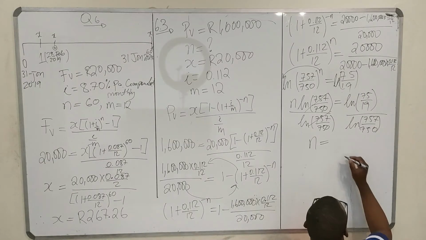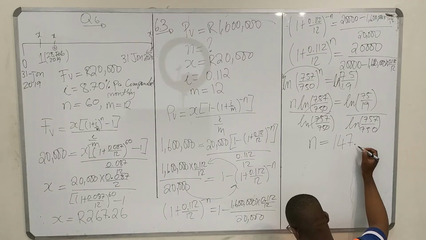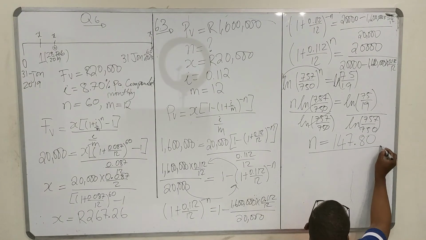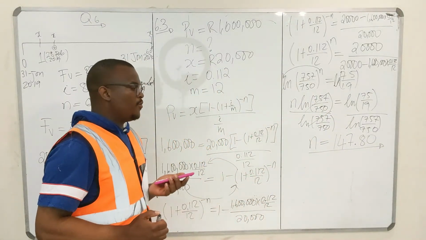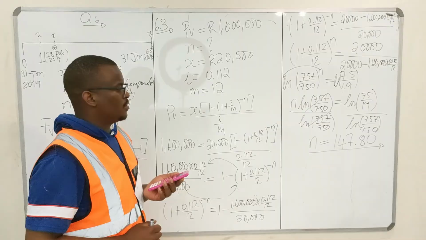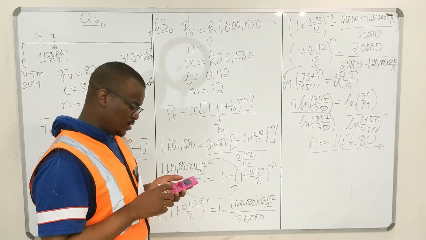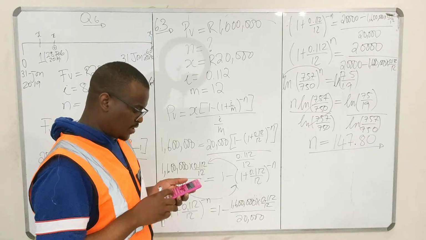So what do we get? We get 147.80. This is the number of withdrawals that our friend will be able to make from that investment. So this is all of question 6.